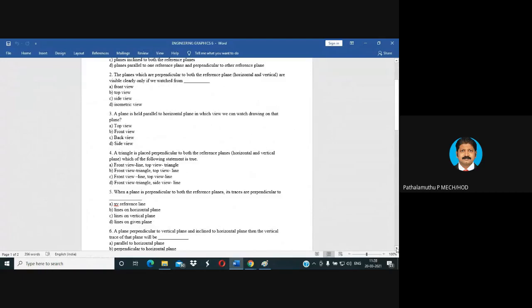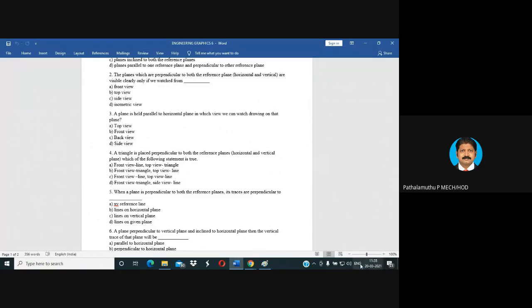So when the plane surface is perpendicular to both HP and VP, the traces are perpendicular to the XY reference line. That is the correct answer. Option A is correct for question number 5.